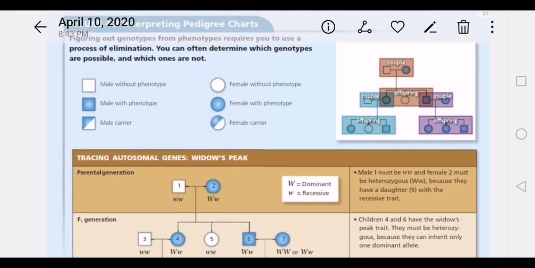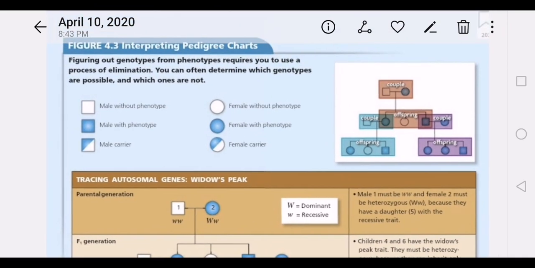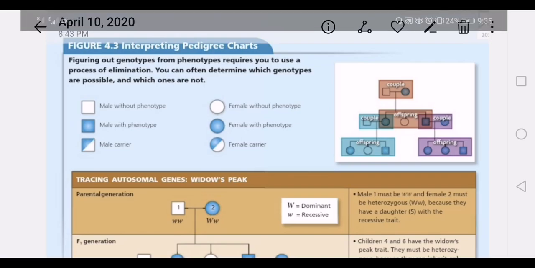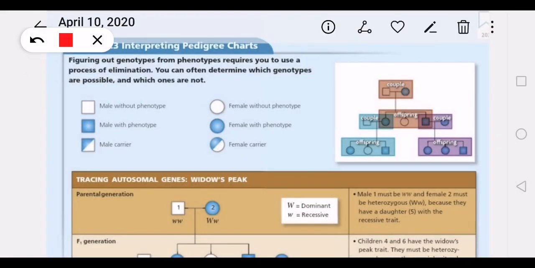Now the way we draw the pedigree, as you see here, let me use the marker. Male without phenotype: when we draw a male without the phenotype in the pedigree, it's a white box. Okay.